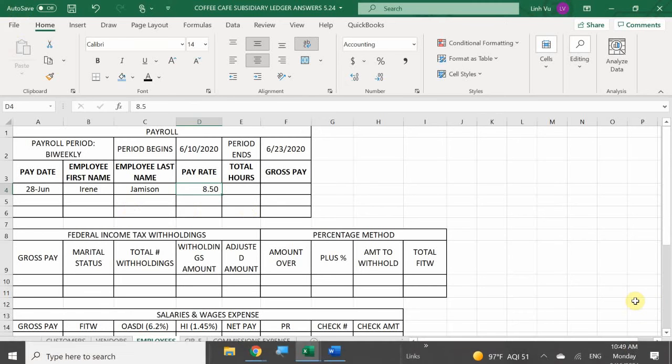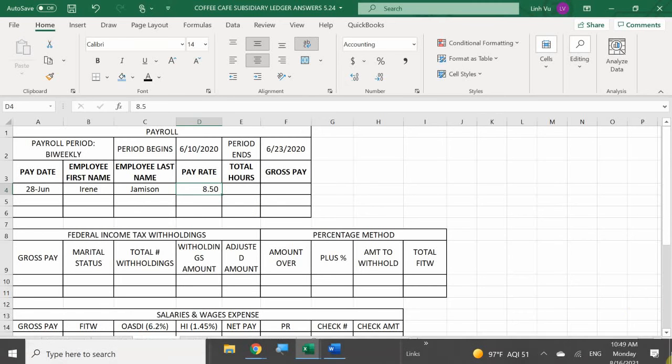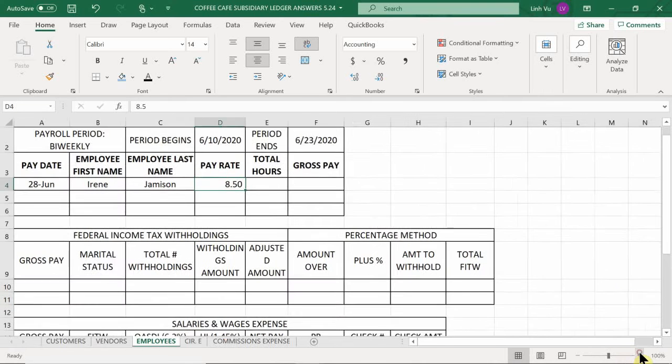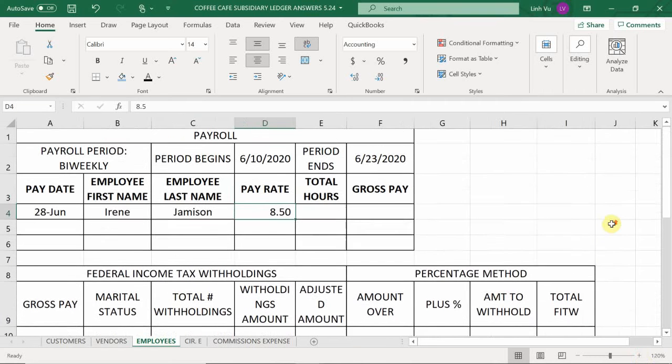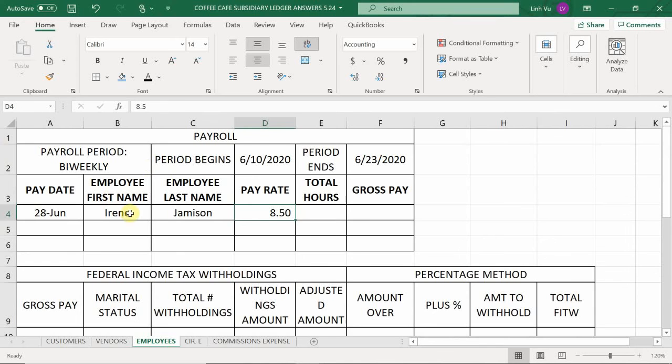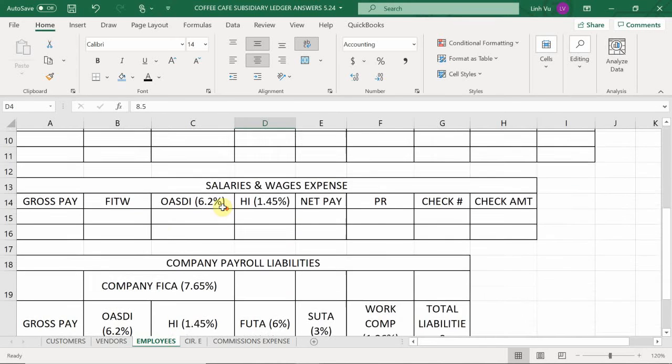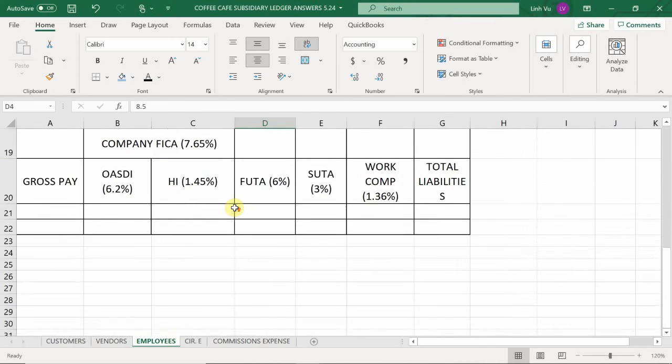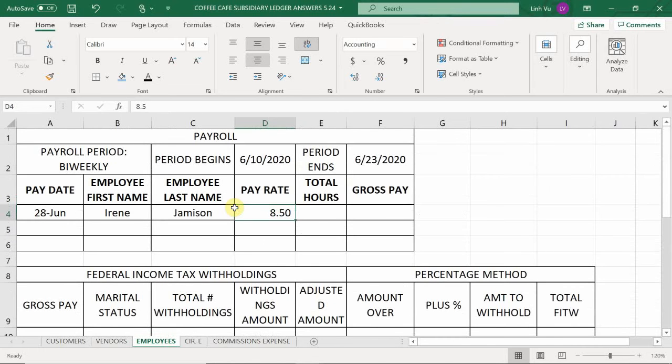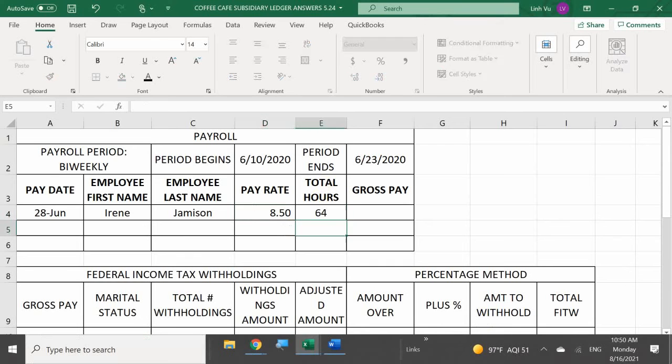As we can see on our employees worksheet, I pretty much set this table up for you so it's a little easier to calculate your withholdings. Total hours she claimed was 64.